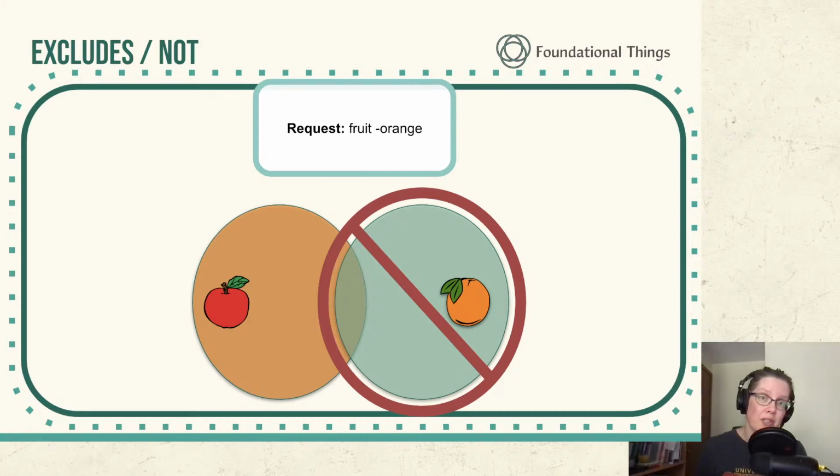Orange is one of those interesting words that outside of this specific example, orange can mean things other than fruit, right? So we have to think about context, and we're going to talk quite a bit more about context in the later sessions, but just to give a little preview of that idea today, orange can mean the color, orange can mean the fruit, orange can mean some historical stuff and be related to that.